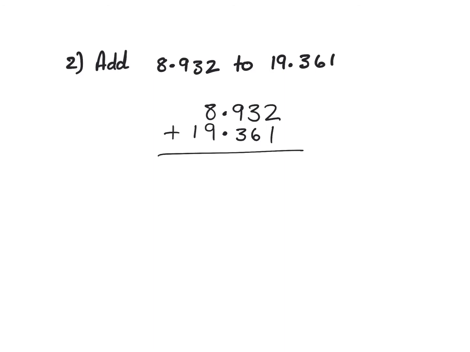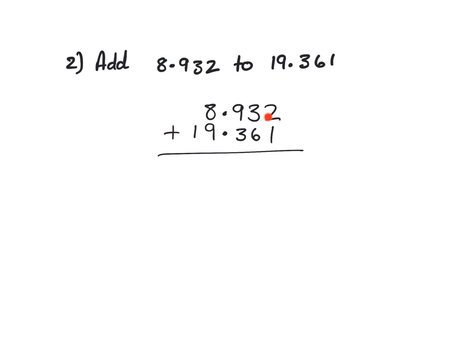Alright, so I want to add all that together. What is important is that my thousandths are underneath each other, my hundredths are underneath each other, my tenths are underneath each other, decimal place underneath each other, ones, tens, and so on. And now all I need to do is simply add.